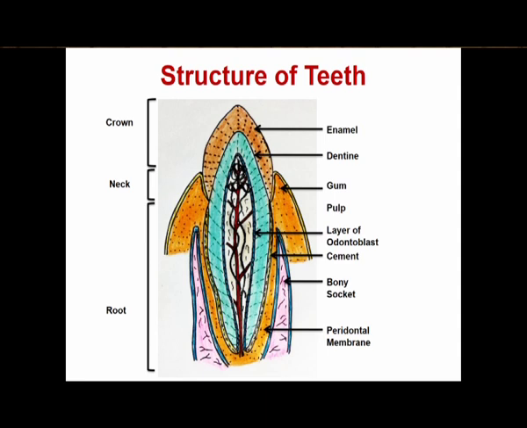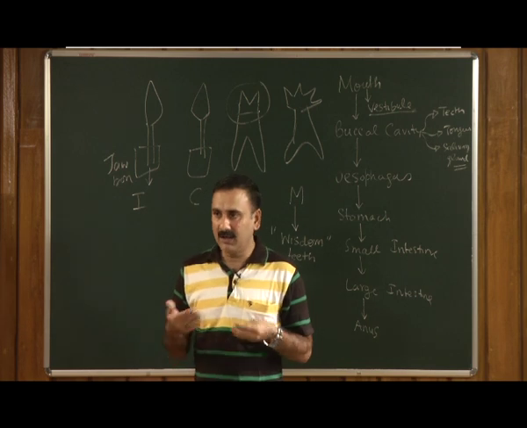This tooth pulp is required to provide the nutrition for the different regions of the tooth, and the lower portion of this pulp cavity is very narrow and almost closed, and as a result humans normally have permanent teeth, and that tooth never grows in time. So, this is all about the buccal cavity.